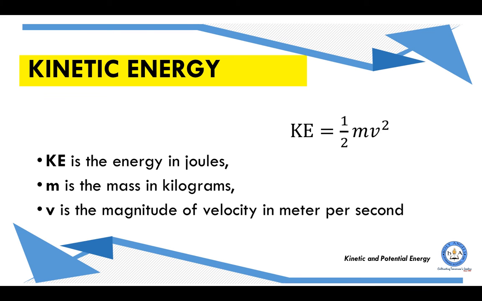K is the energy in joules, m is the mass in kilograms, and v is the magnitude of velocity in meters per second. Since mass is never negative, and v squared will always yield a positive result, a body's kinetic energy has only two possible values, 0 and positive. Kinetic energy is 0 when the object is not moving, and positive when the object is moving.